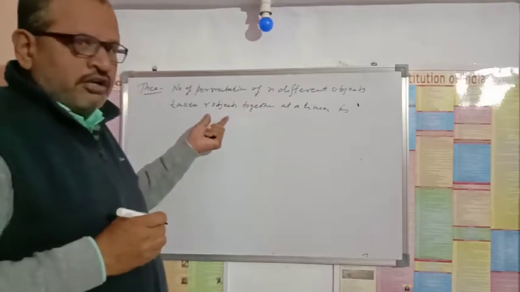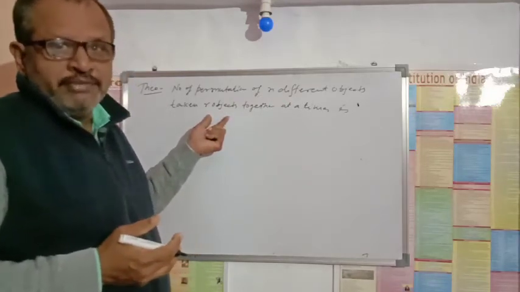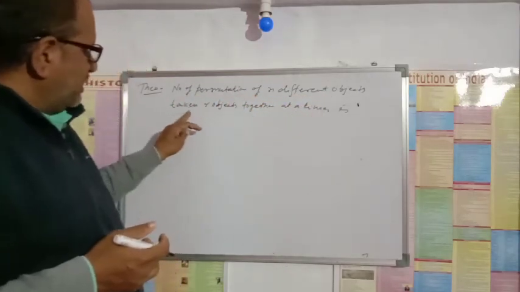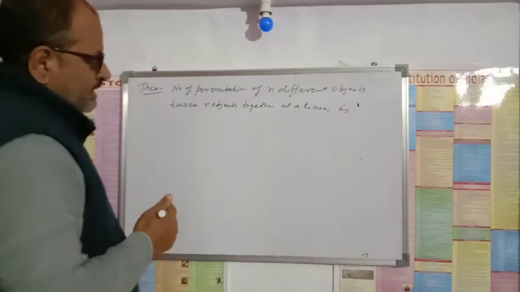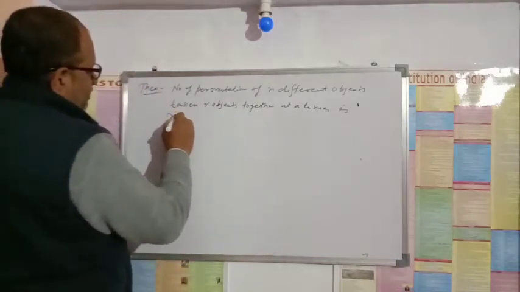We have to take r objects at a time. Then how many possible arrangements can we make?